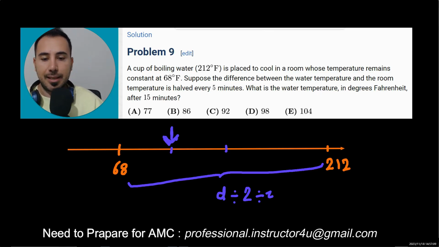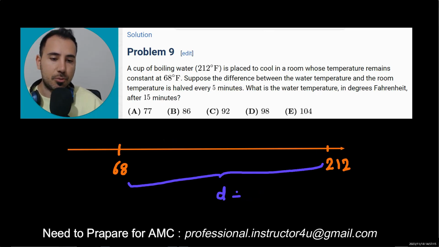And now, even after another additional 5 minutes, we divide this 3 times by 2, and then 3 times by 2, and then like this. So it's the same as dividing this distance by 8. So we just have to find this distance and then divide it by 8.